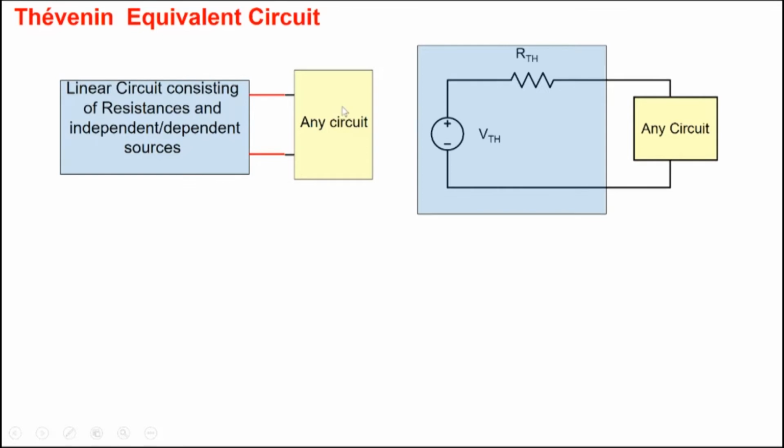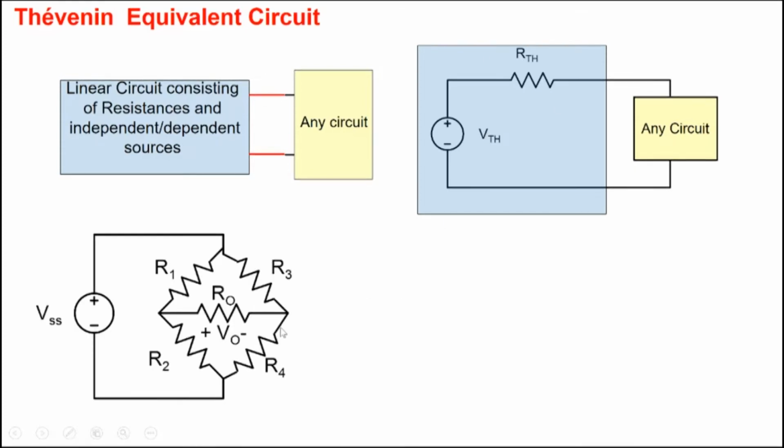For example, if a current was flowing 1 milliampere somewhere in this circuit, and you took this out and replaced it by appropriate values of VTH and RTH, and connected it like this, the same current would continue to flow here. So in that sense, from the terminal current voltage characteristics point of view, this part behaves in the same way as VTH and RTH here.